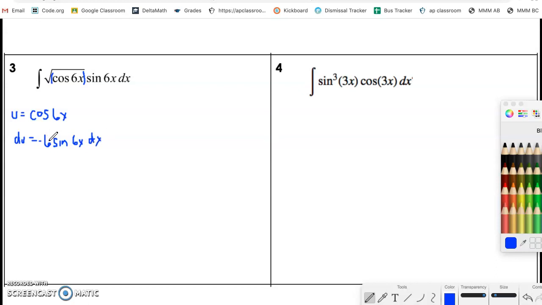So I don't have a negative or a 6, so multiplying by negative 6 inside the integral, negative 1/6 outside the integral. And when I rewrite it, I'll have negative 1/6 integral. Here, this square root of the cos 6x just becomes square root of u.